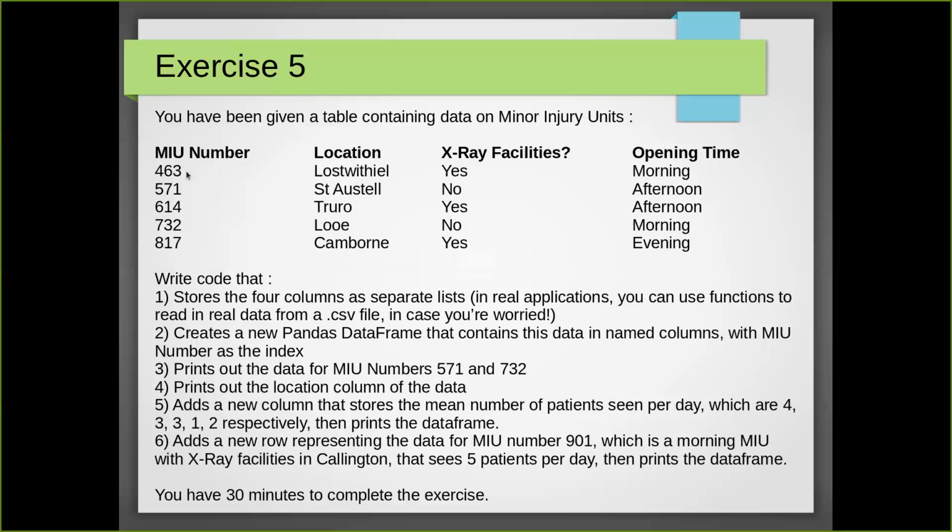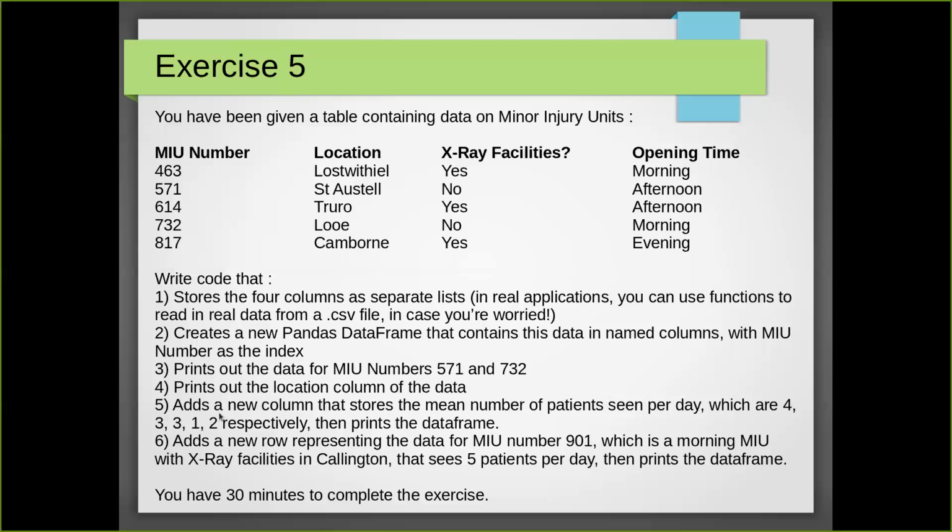We're going to imagine that's a unique identifier for each MIU. I then want you to get the program to print out the data for MIU numbers 571 and 732. That's the ones in St Austell and Lou. I then want you to get it to print out the location column of the data.